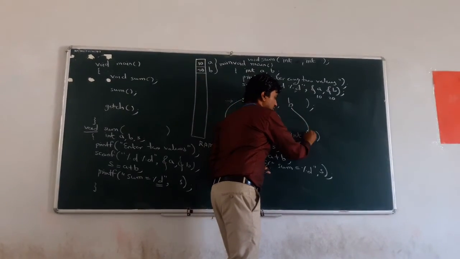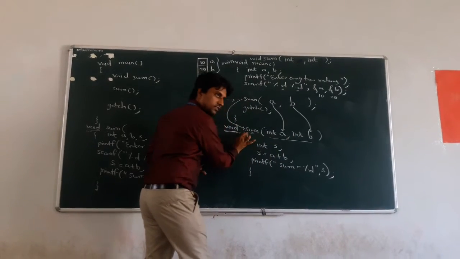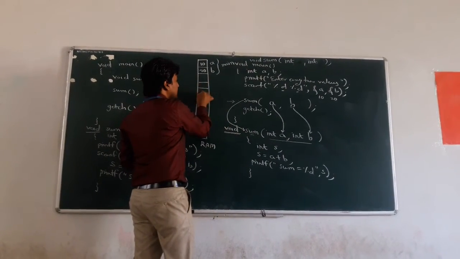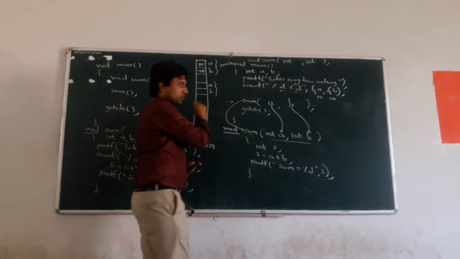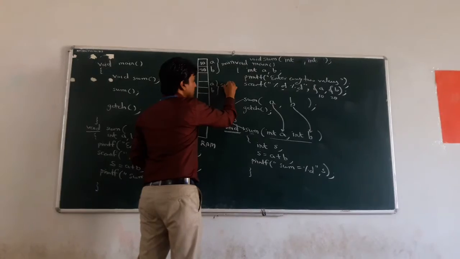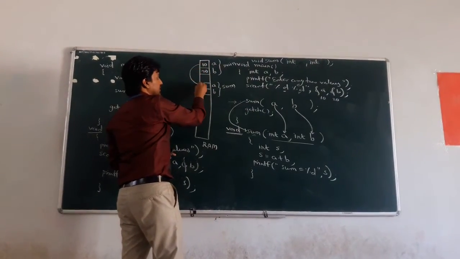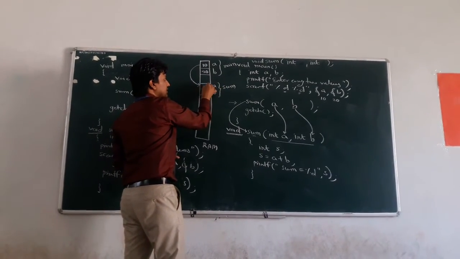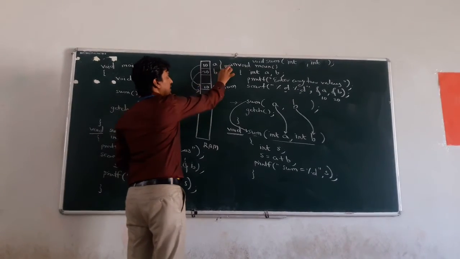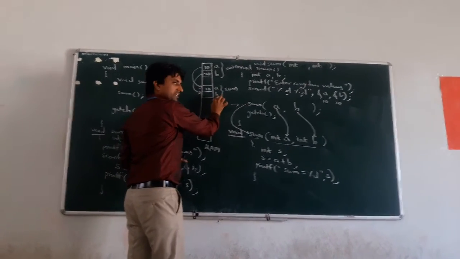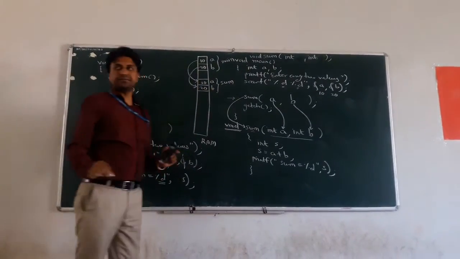This b is copied to this b variable, but int a and int b are declared within the sum function, so separate memory is allocated for a and b, within the scope of the sum function. The same value of b from main is copied to the b variable in the function sum. So it becomes 20.